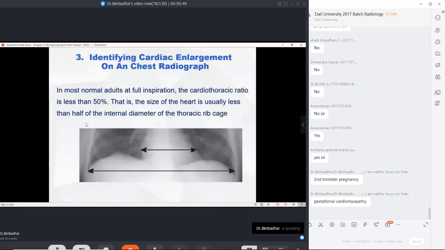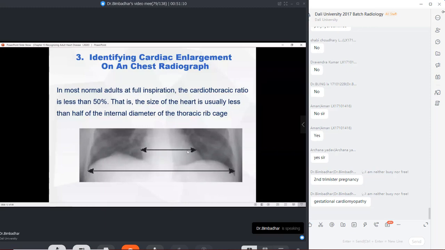Okay, now what exactly is this? How does this actually show an increase in size? Remember the diameter of the heart. See here, the diameter of the heart compared to the diameter of the thoracic cage.